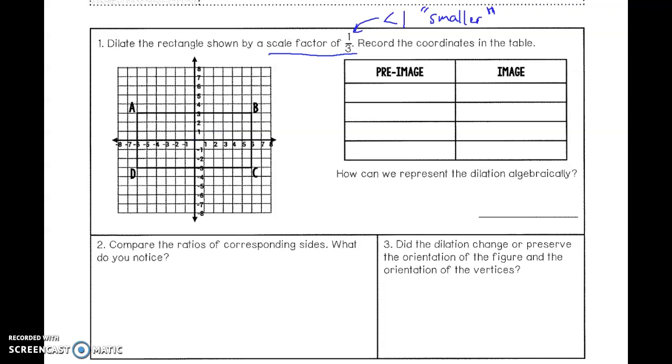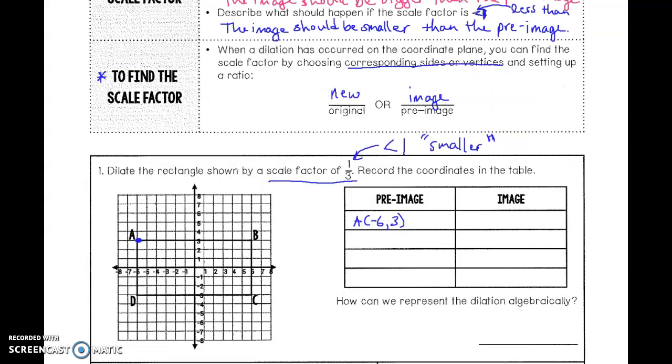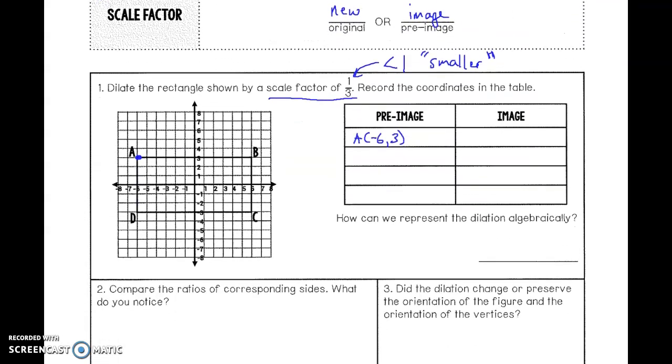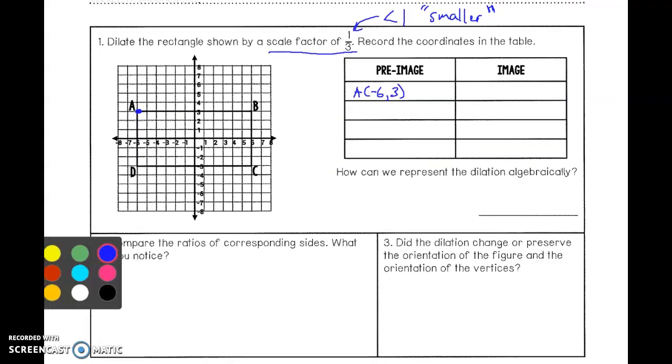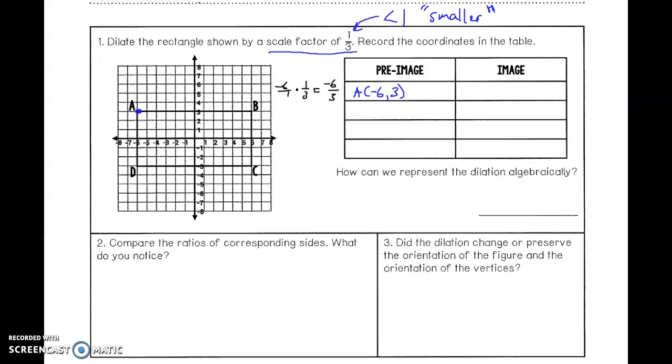Remember what we're doing is we're multiplying. The point A here is the point -6, 3. Now we're going to multiply the x and y value by 1/3. I am going to go -6 times a third, which is negative 6 over 3, which is negative 2.